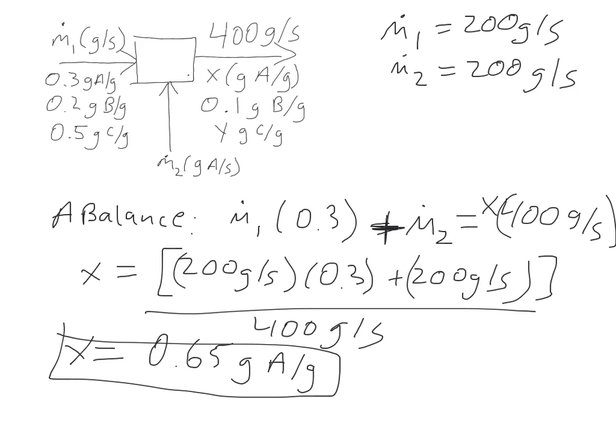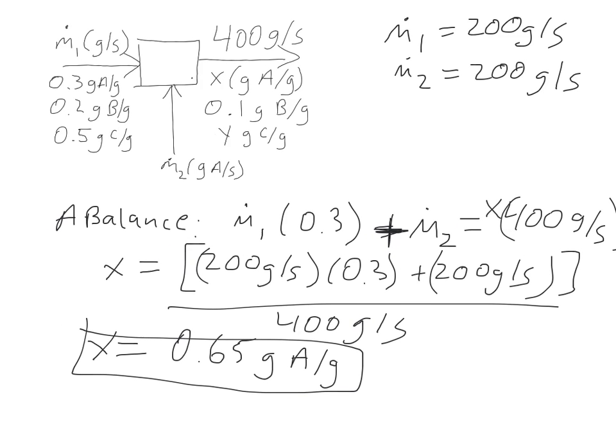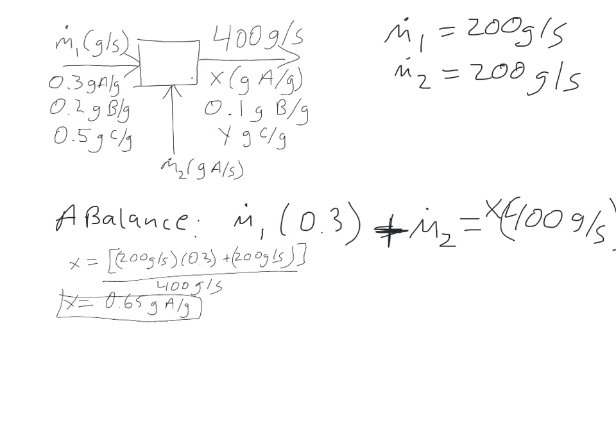And we're almost done. We just have to solve for y. And y is a lot more straightforward because we don't have to worry about any sort of material or energy balances. The only thing we need to solve for y is to use our mass fraction equation, where we know that 1 is equal to x plus y plus 0.1. I know what x is, I just don't know what y is.